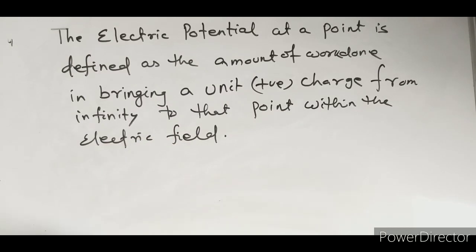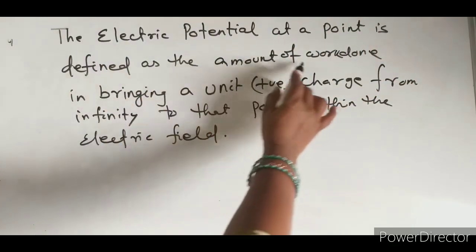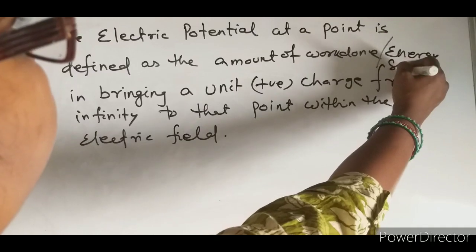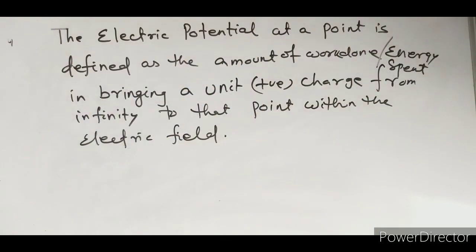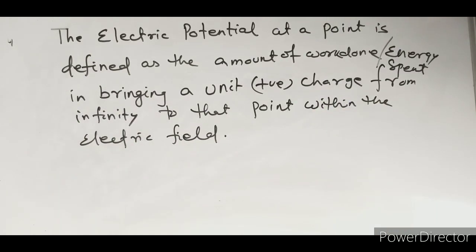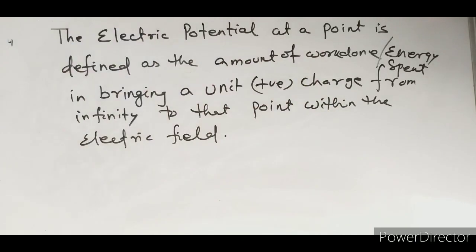Here also we can say the electric potential at a point can be defined as the amount of work done or energy spent, because whatever work done is equal to the energy spent in bringing a unit positive charge from infinity to that point.